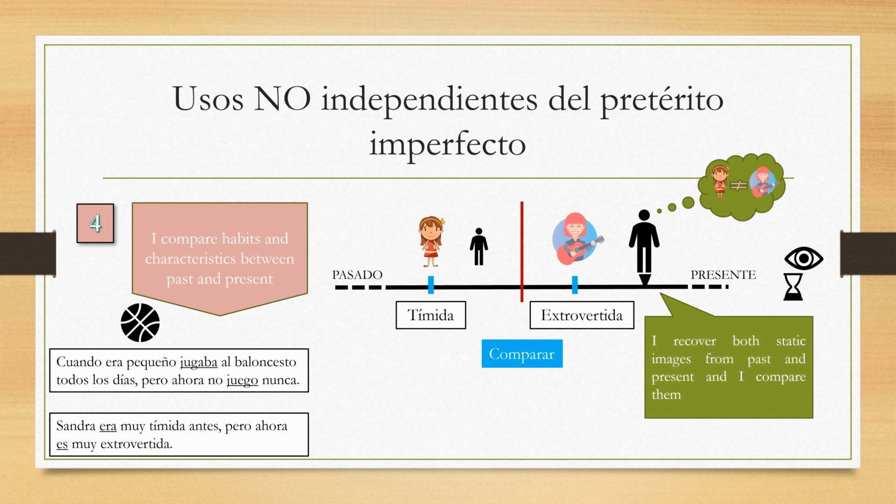And I compare them and I think they are different. So that's why I'm using pero, right? I'm just comparing the past. If Sandra has never changed, I don't need to compare past and present.